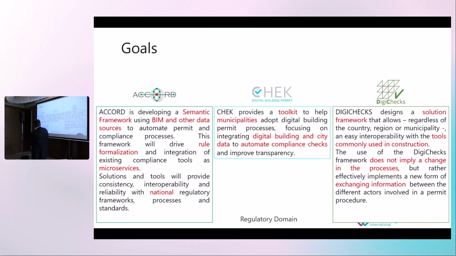The goals. Here we start to see the difference. ACCORD is working on a semantic framework, with the aim to better define it. It includes BIM and other data sources like GIS and other kinds of data, and it also focuses on rule formalization, compliance tools and microservices, so software.